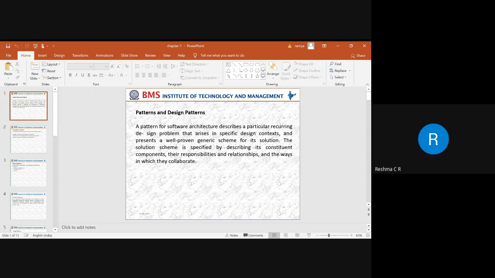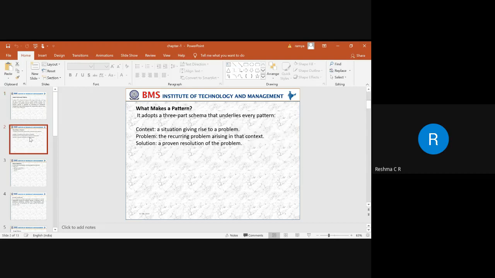We are taking a particular context, and depending upon the context we are providing a scheme, a solution, and defining a problem. If similar kinds of problems are arising, we use a pattern to resolve the problem. That is how we indicate the pattern.